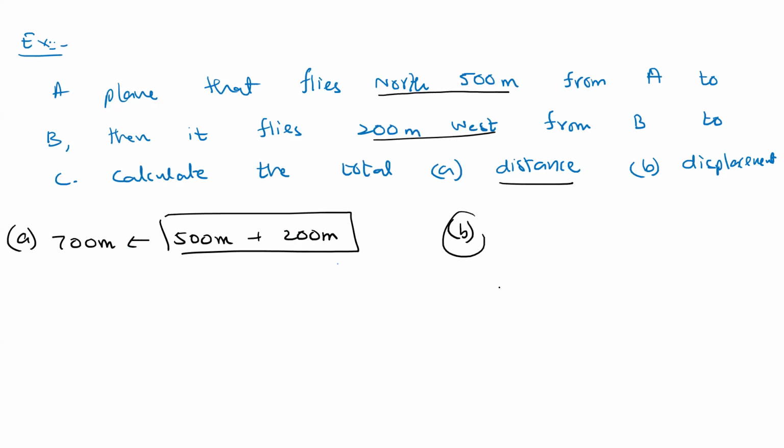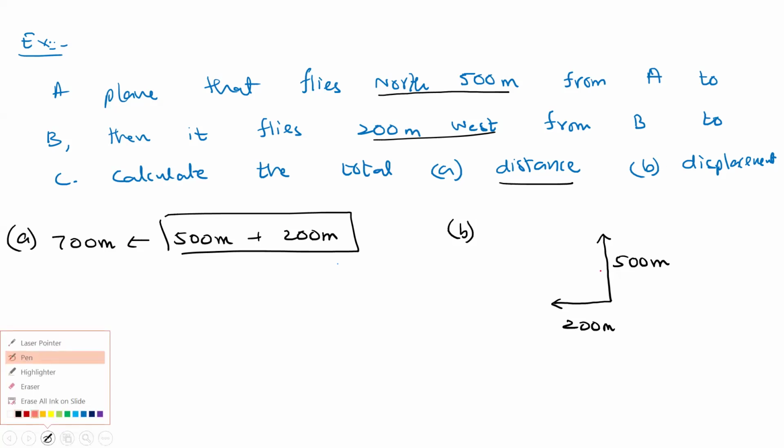Now, there is one more thing, a new thing which you can figure out here: I have north and I have west as my directions, and north and west happen to be exactly at 90 degrees to each other, right? So if this is 500 meters and that's 200 meters, I don't necessarily have to sketch it, measure it, or draw it.